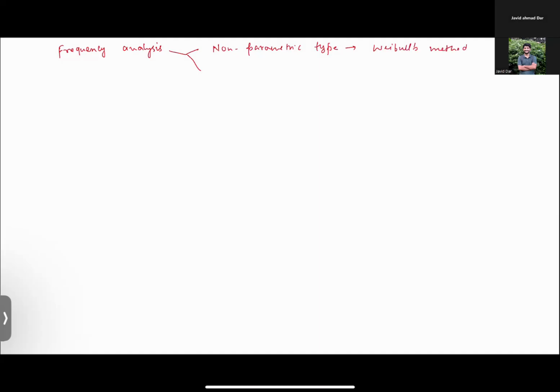So this was a graphical method. And then another type of method was the parametric type method, in which there were assumptions and there were probability distributions. We read three types of distribution. One was the normal distribution, the log normal distribution, and another was the log Pearson type 3.